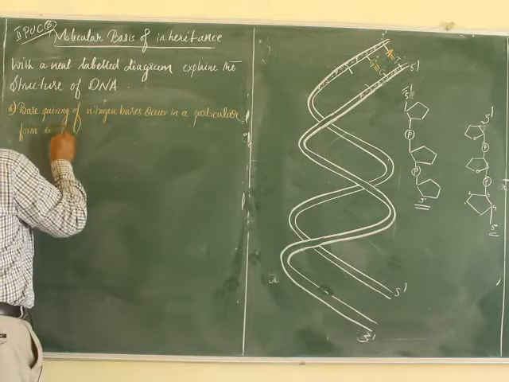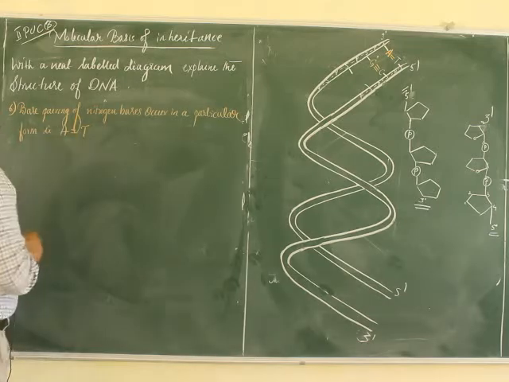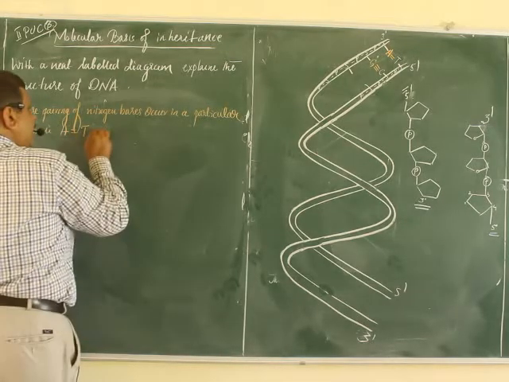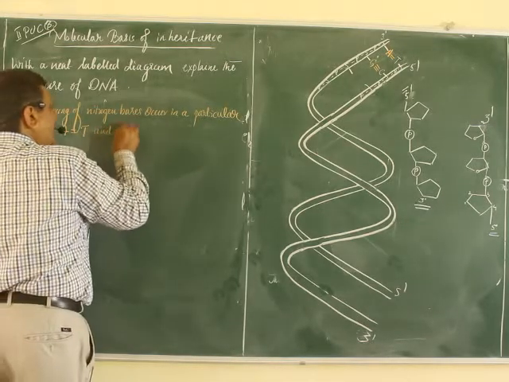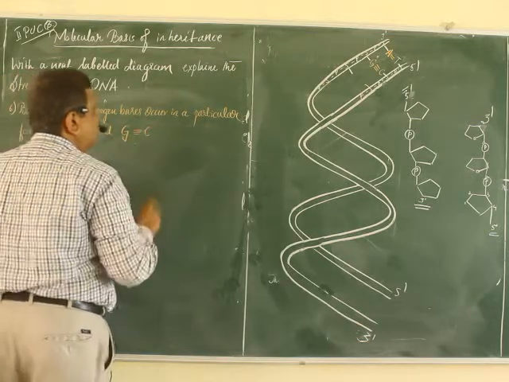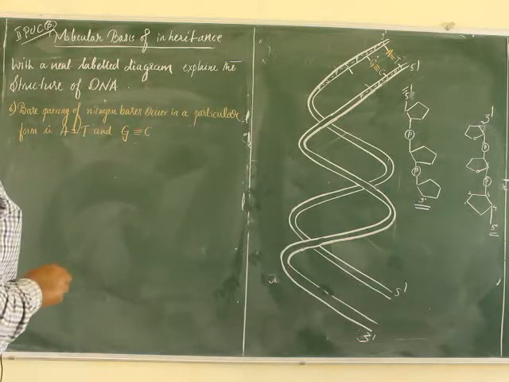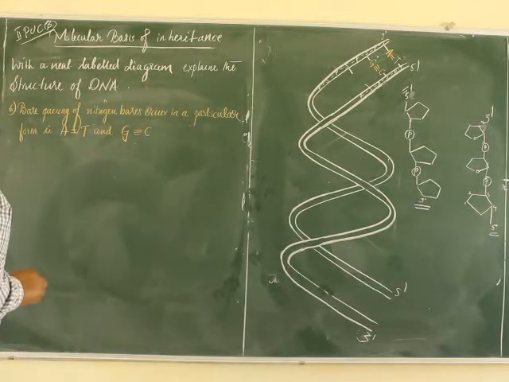That is, adenine pairs with thymine with 2 hydrogen bonds and guanine pairs with cytosine with 3 hydrogen bonds.